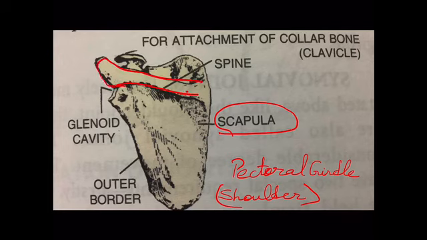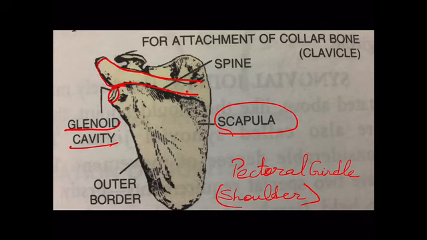And afterwards you can see one very special cavity, that is called the glenoid cavity. Students, you have to learn the glenoid cavity. In this cavity the arm bone is attached, the femur, sorry, the humerus. The humerus is present in your upper arm, and the round head of the humerus is attached in the glenoid cavity.